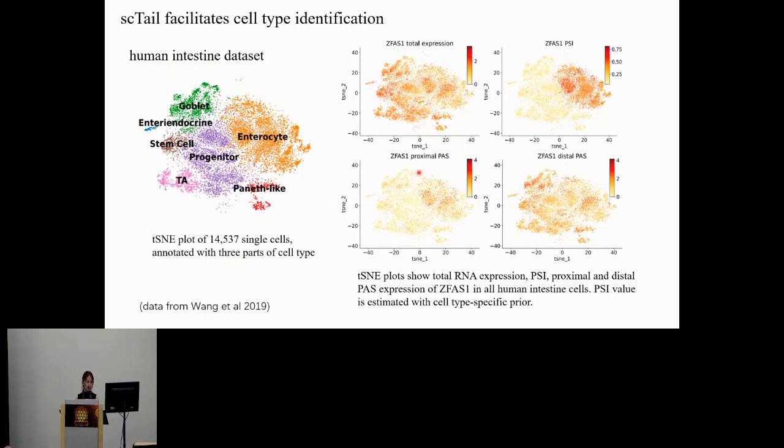However, it includes two polyadenylation sites, proximal and distal, and you find that the proximal polyadenylation site can be regarded as a marker of the enterocyte cell type. Correspondingly, the PSI value of ZFAS1 in the enterocyte is significantly higher than in the remaining cell types.